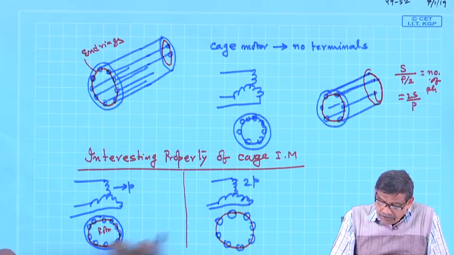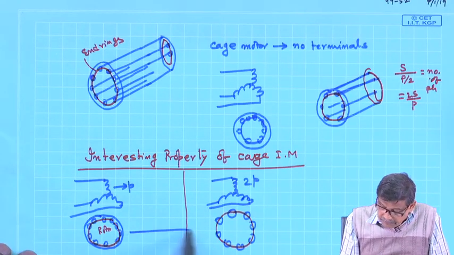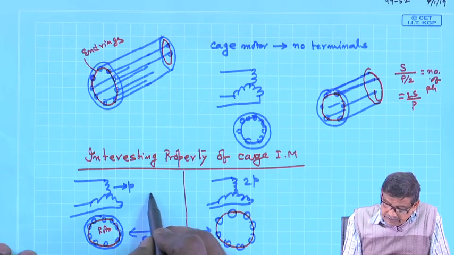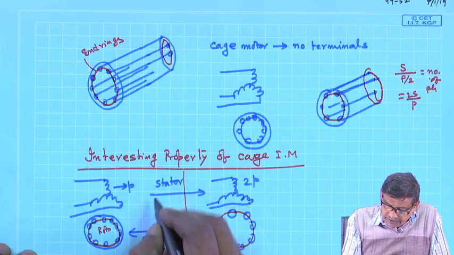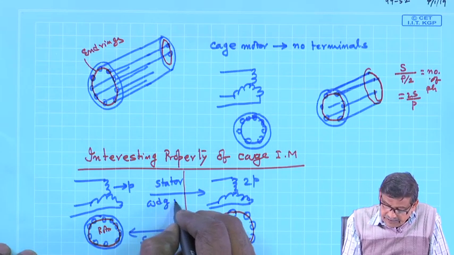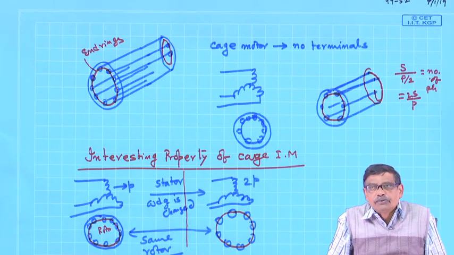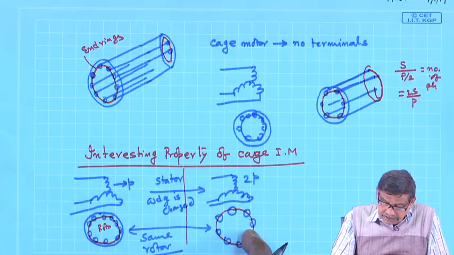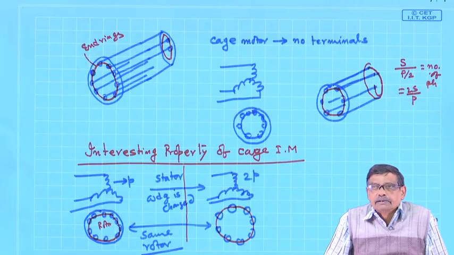Suppose it is a 2 pole, and it is a 4 pole stator winding. Rotor, same rotor, I will not change. Stator winding is changed, one for p pole, another for 2p poles. And once again you energize this machine and this machine, in both the cases the machine will rotate.